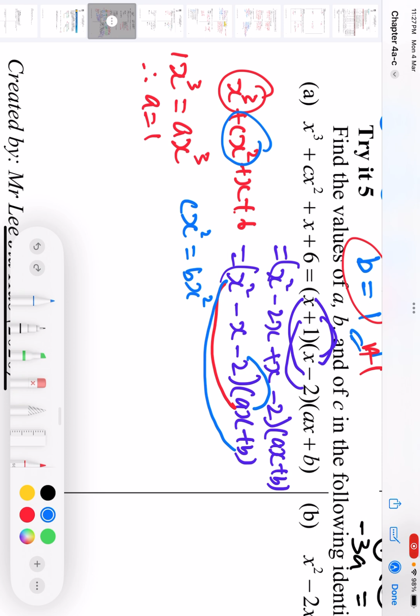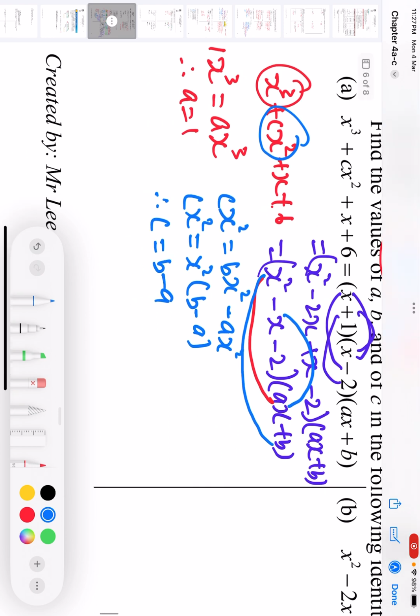Nope, that doesn't give us x squared. The only other possibility is negative x times ax, which gives me negative ax squared. I can factorize out the x squared to make it a bit clearer. So I get b minus a. Therefore, c is equal to b minus a. And we know what a is from above, so it's just b minus 1.